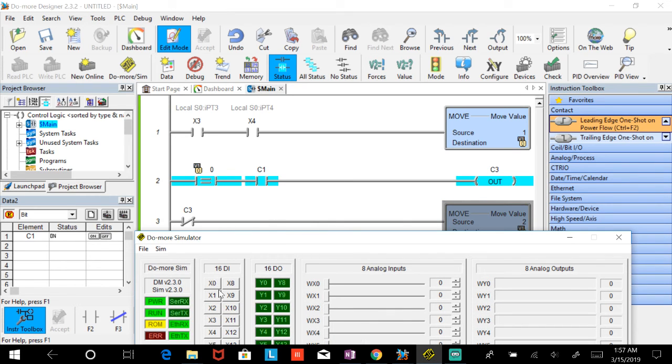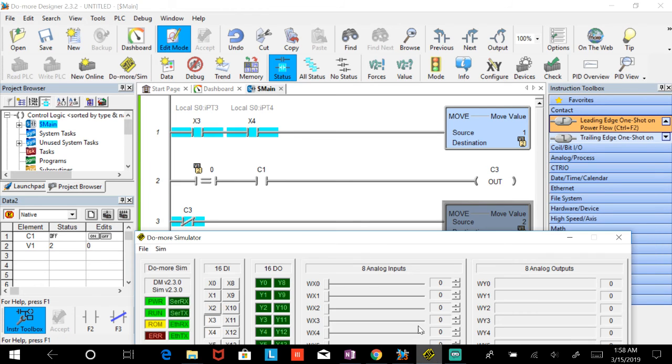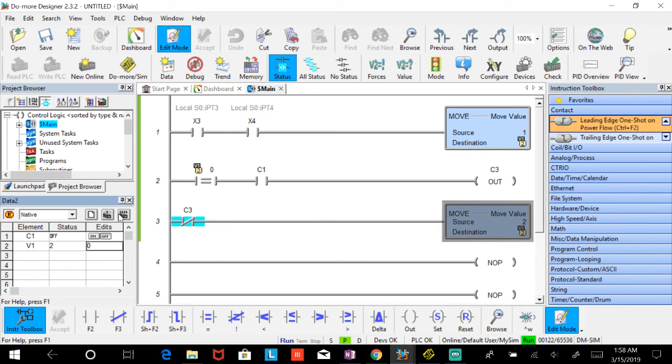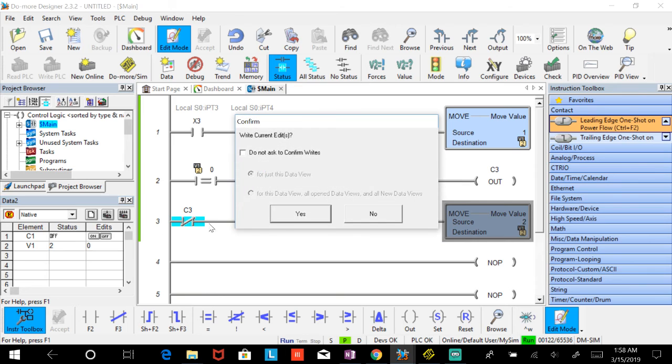Right now, I'm going to put X3 and X4, X3 and X4, bam. So it didn't even let this one execute. Let's put it off here. Look at this. Let's put a V1 here, and let's put a 0 here. Right now, if you guys notice, I am forcing a 0 to V1.